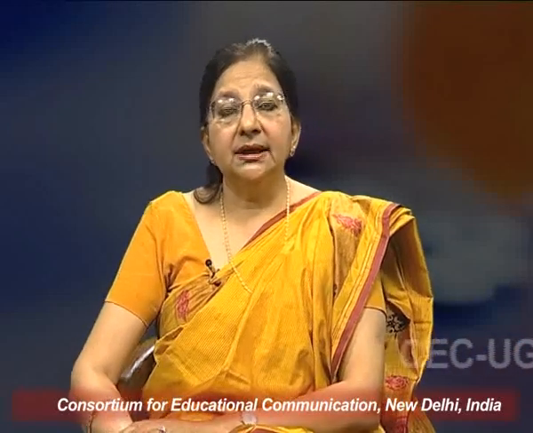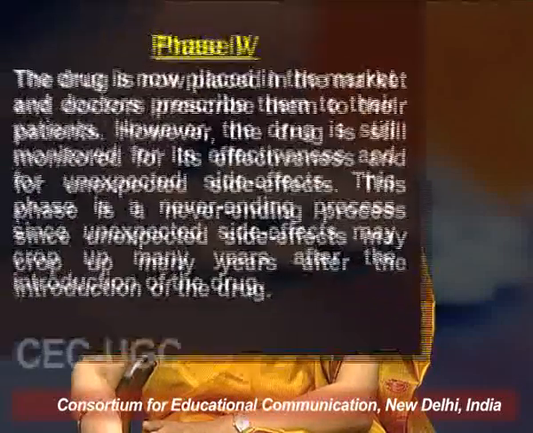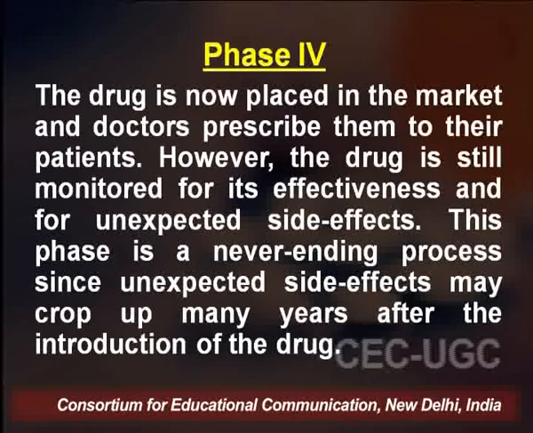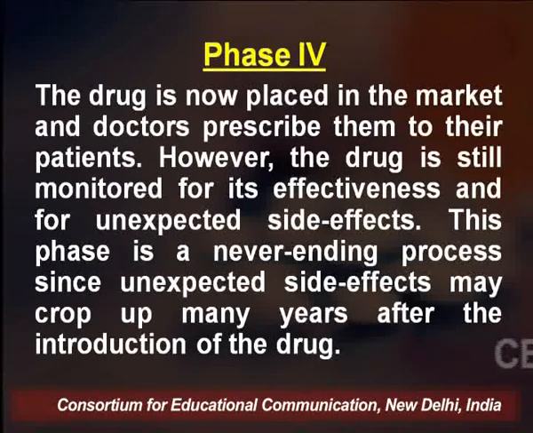Now, the last phase is phase 4. The drug is now placed in the market and doctors prescribe it to their patients. Now, all kinds of patients can take this drug because it has undergone all the clinical trials and is prescribed by the doctor. However, the drug is still monitored for its effectiveness and for unexpected side effects.